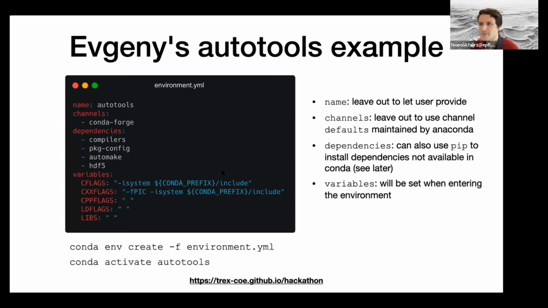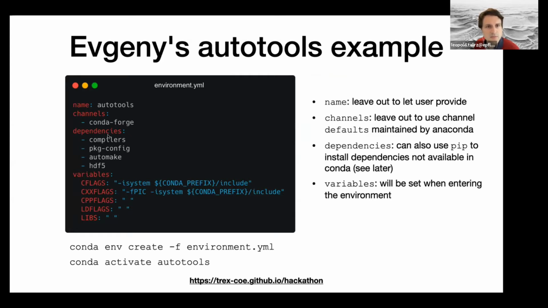So now how do you specify such an environment? Here I'm just taking Evgeny's example. So you have this environment.yaml file, and to create the environment, you give it a name. You tell Conda which channels to pull from. So these are kind of the online sources of precompiled binaries or source codes.